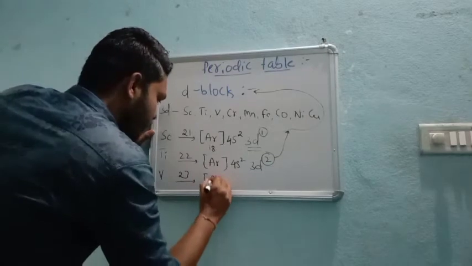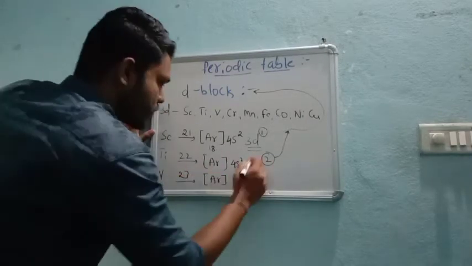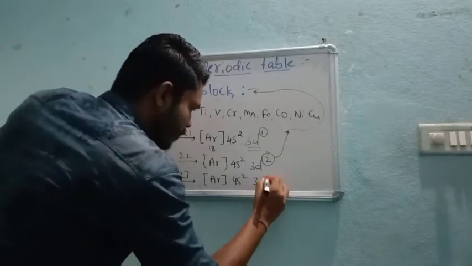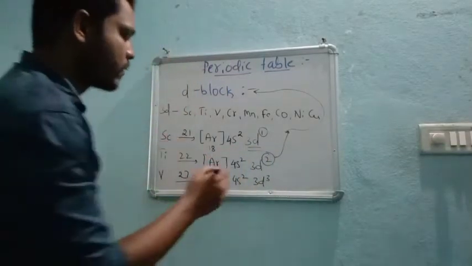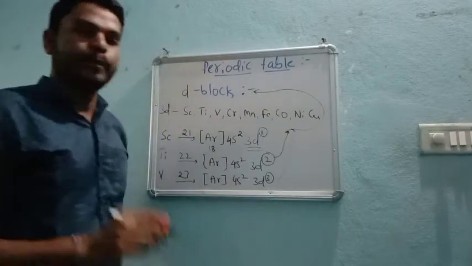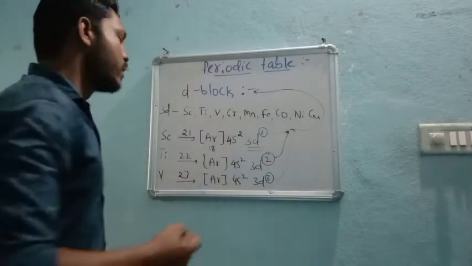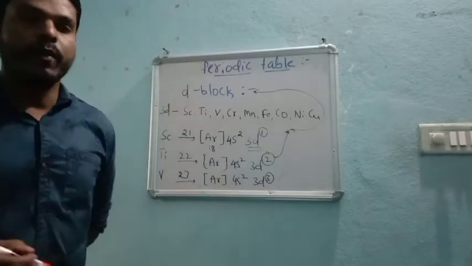Argon, 4s2, 23 means 3 electrons are left in 3d. Like this, when the last or differentiating electron enters into the d subshell, those elements are called d block elements.